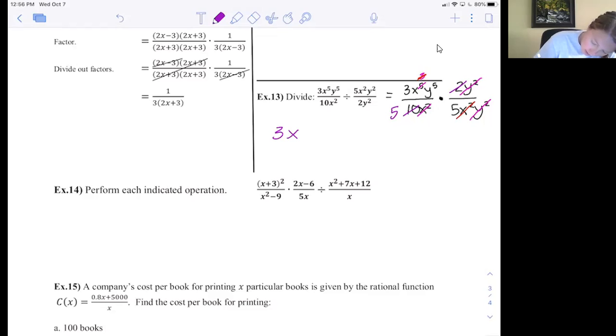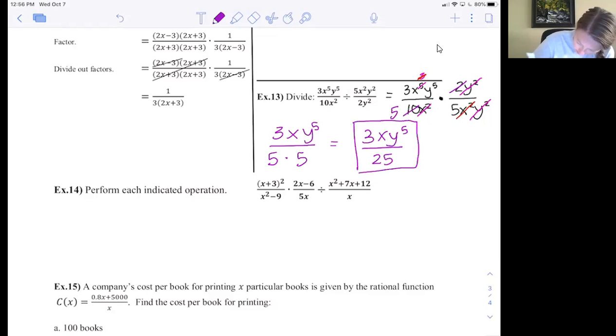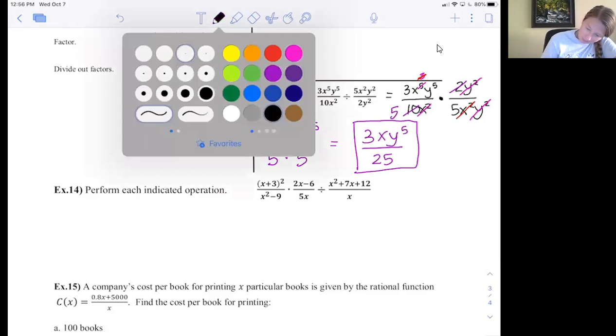Then I have y to the 5th divided by, I've got a 5 left on bottom, times 5. So I should actually write this as 3xy to the 5th divided by 25. And that should be my answer. So I know that's a little more complicated, but hopefully that makes sense.